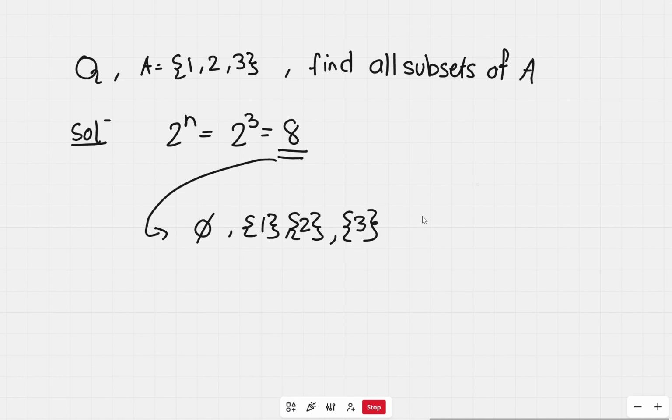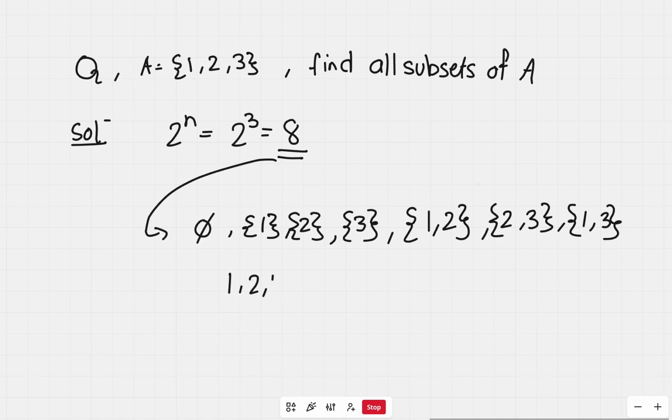Then we'll move on to two elements: there could be a subset with values 1, 2, a subset with values 2 and 3, and 1 and 3. And there's also a subset with all the values 1, 2 and 3, as we have talked about that subsets can have the same values as the superset.